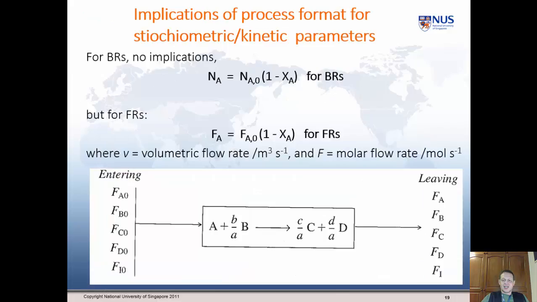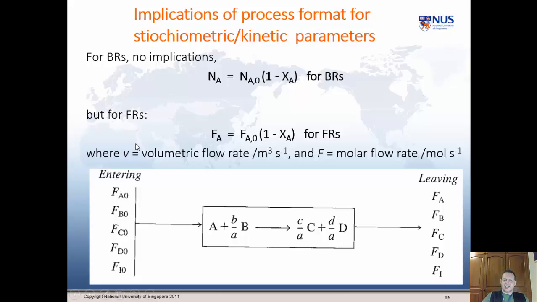Okay, let's now look at what some of those implications in terms of your thinking are. For a batch reactor, no implication at all. The number of moles or molecules of A will equal the number of moles or molecules of A at time 0 times 1 minus X, that's a capital X, so it's the conversion of species A. Fine, exactly the same form as we were using previously.